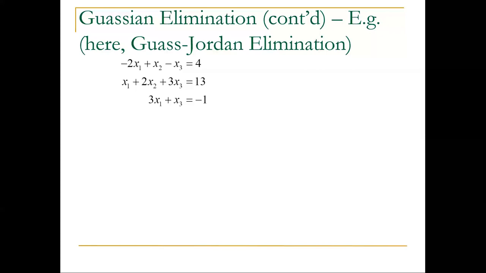Alright? Now this matrix would be what's called the augmented matrix. This is what you give to the computer. And all it does is take the coefficients. This is exactly the same thing to the computer as this is to you.